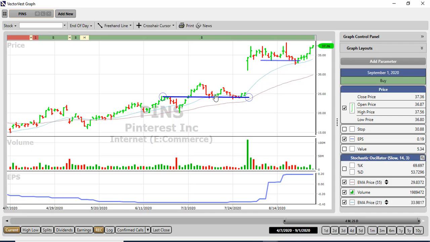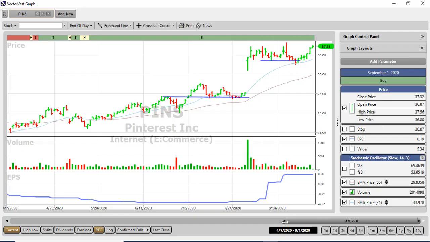Then it moves up, runs out of money, runs out of buyers, and then pulls back down below the previous low and then springs. I've spoken to so many people about this and they laugh at me and say it's just basic support and resistance. It may be, but nevertheless it's not called a spring for nothing. And as you can see, this one sprung very nicely indeed.